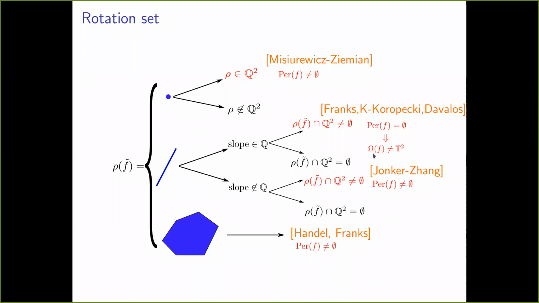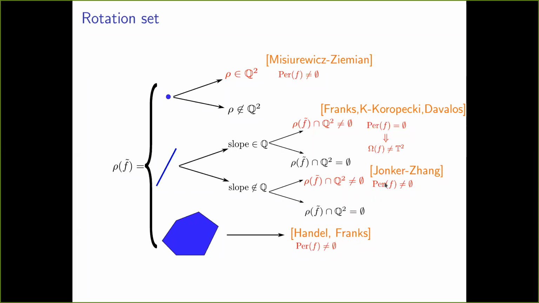The dynamics in this situation is very well understood if you suppose that you don't have any periodic point. So if you want to study minimal homeomorphisms, or periodic point free homeomorphisms where the whole space is non-wandering, then you can forget about this.